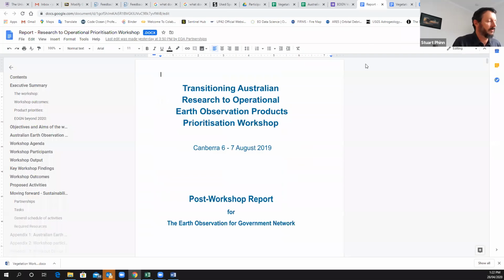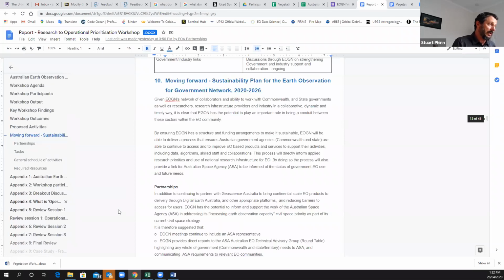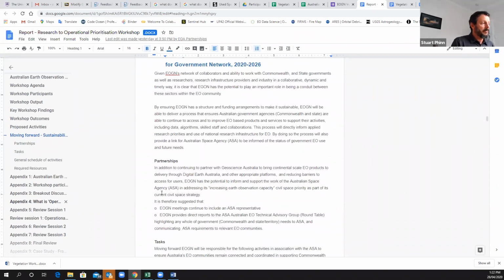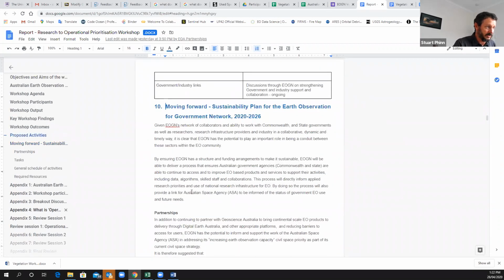The larger component was this report. That's where we pulled together the pre-workshop material, what we did during the day, and then feedback afterwards. Essentially, it enabled us to identify a number of key types of information or products that we needed at a national level, and how we might continue the process of having state and territory and Commonwealth agencies meet together.